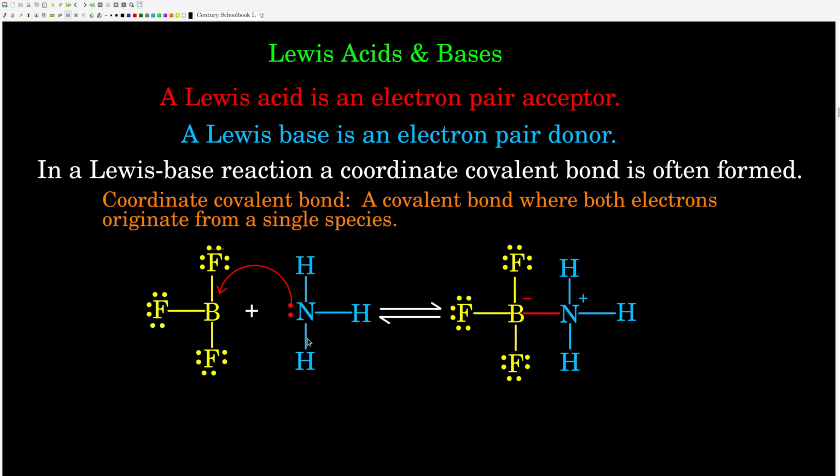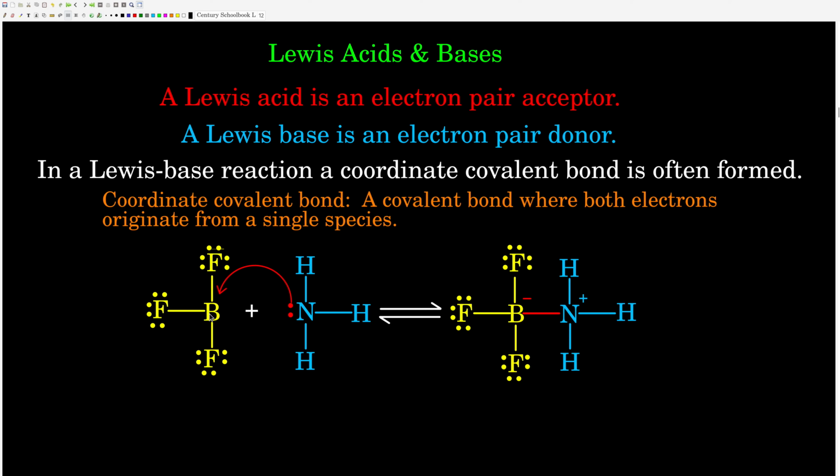So here, let's look at this reaction down here. This is showing ammonia reacting with trifluoroborane in a Lewis acid-base reaction. What's happening here is this lone pair of electrons is moving over here onto the boron, forming a bond. So the boron's accepting an electron pair. That means the trifluoroborane is a Lewis acid.